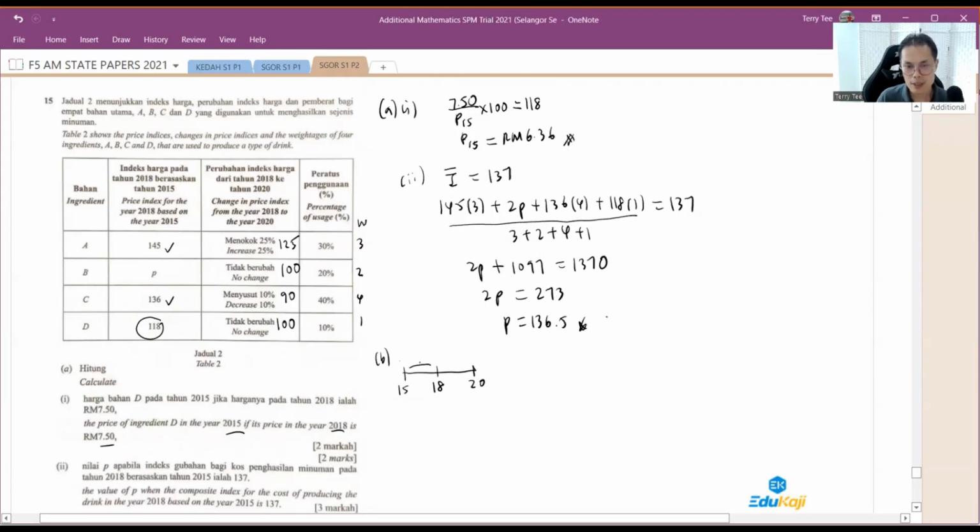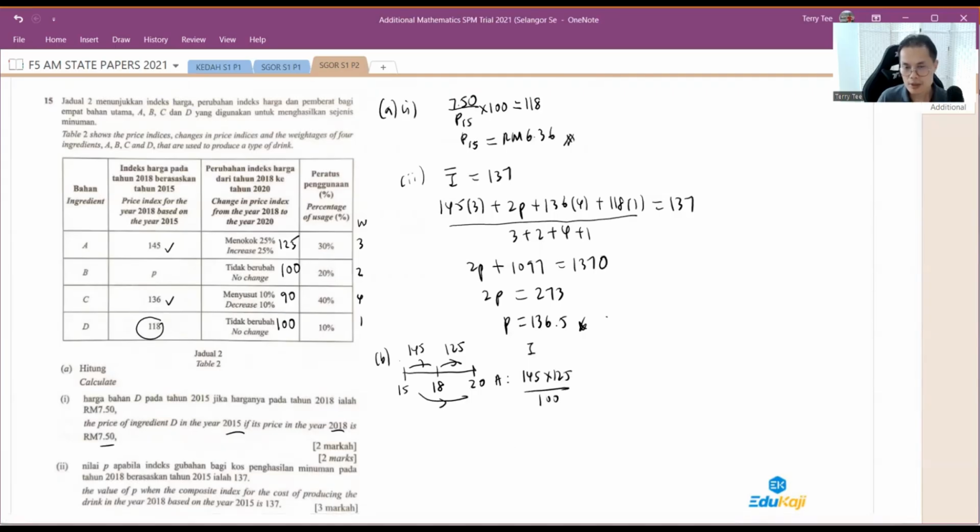So let's start with item A. This is 145. Increase by 25% is 125. To find the overall increment, let me write the index here. For item A, we take 145 times 125 divided by 100.